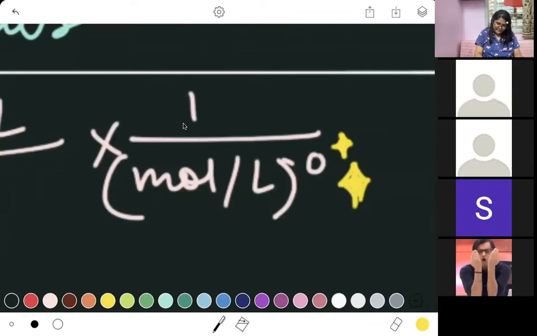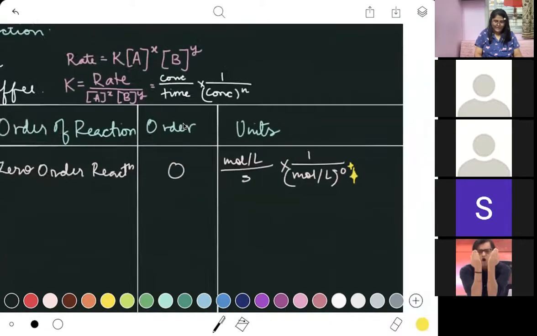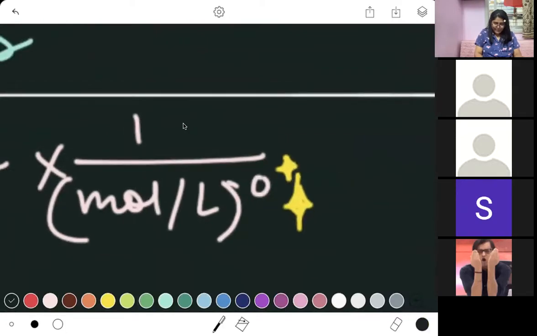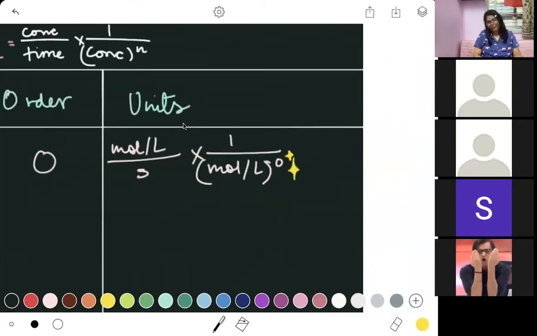What is this value? Zero. This zero is technically nothing but the order of your reaction. I have highlighted it. I've added some sparkle to it so that you would be able to remember. If you are not able to remember it, please find a different way to make this seem important to you and put it down in your notebook.